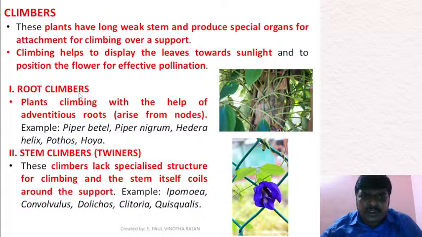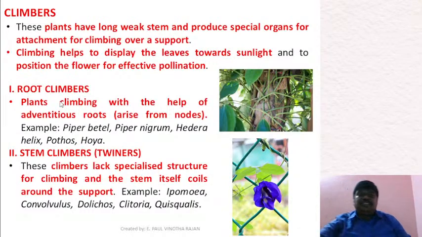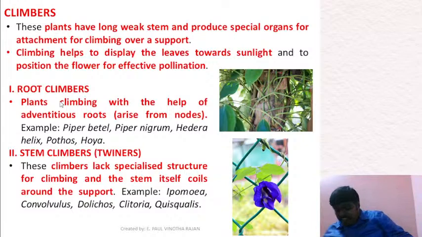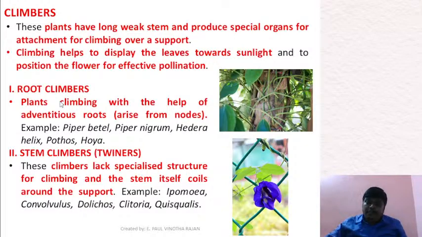So you can see, the first one is root climbers. These plants climb with the help of adventitious roots. For example, the betel, in Tamil it is called vetrilai.